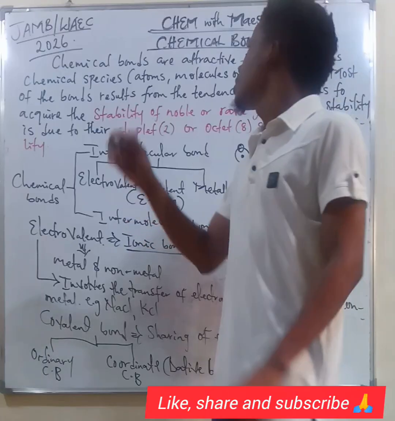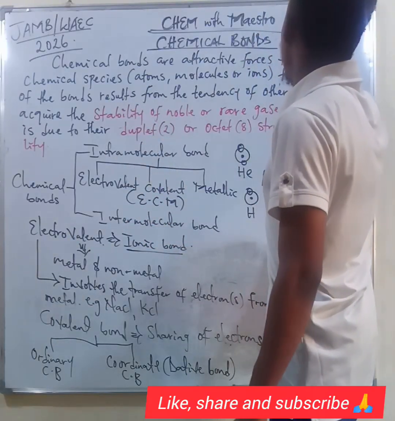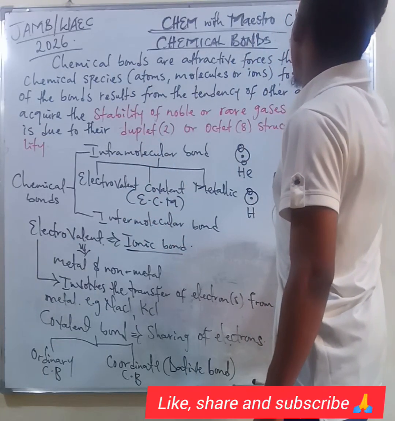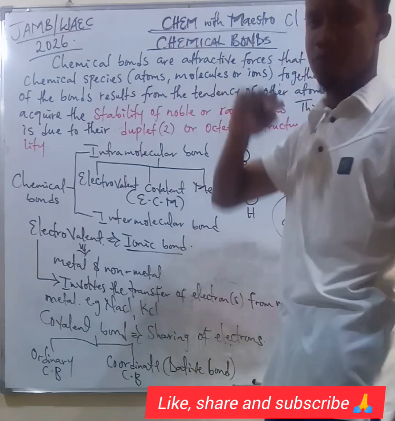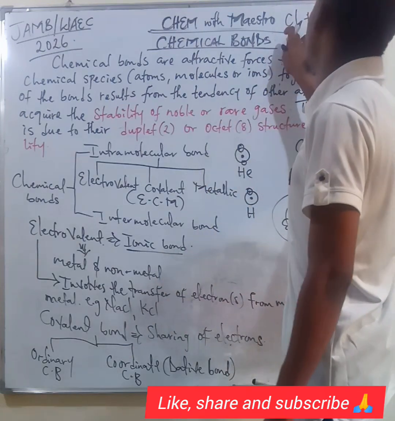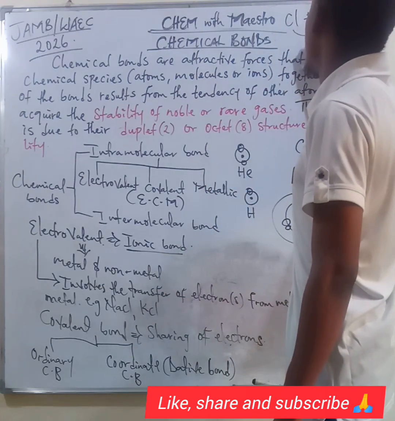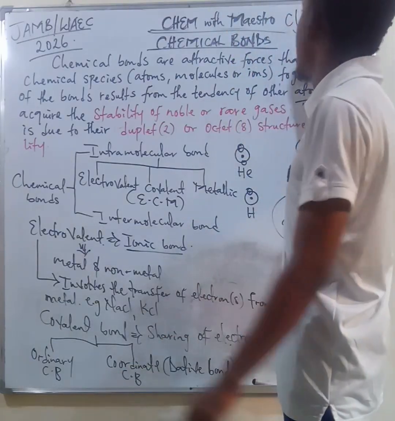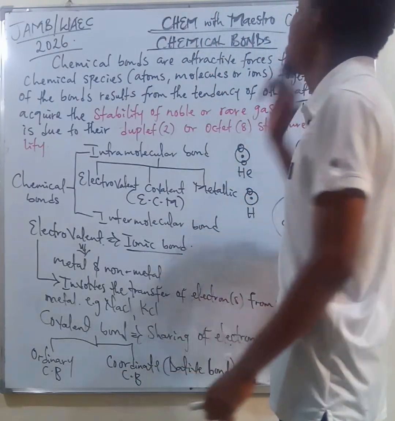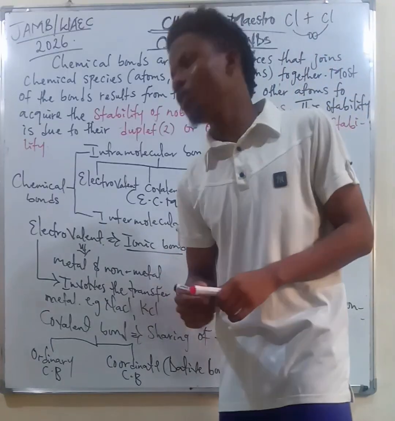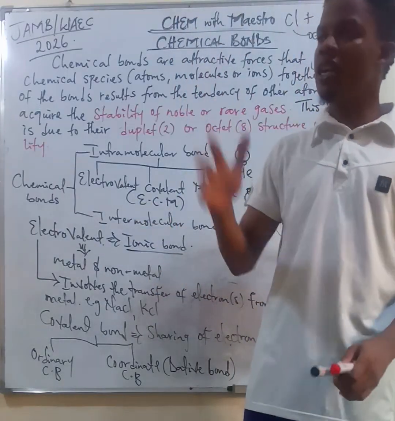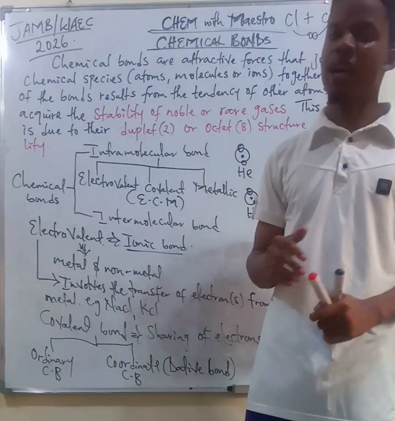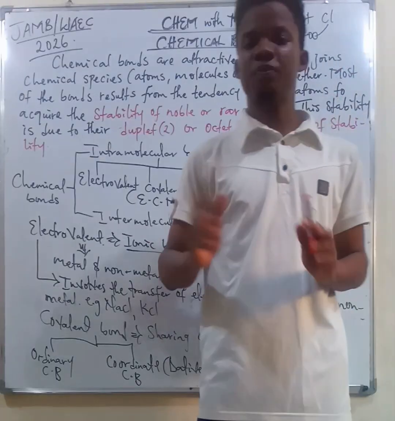So if you have, let's say, an atom of chlorine wants to combine with another atom of chlorine. If this supplies one electron and this also supplies one electron, that both of them now share, that is what we call ordinary covalent bonding. So in ordinary covalent bonding, the electrons that are being shared are donated by the participating atoms.